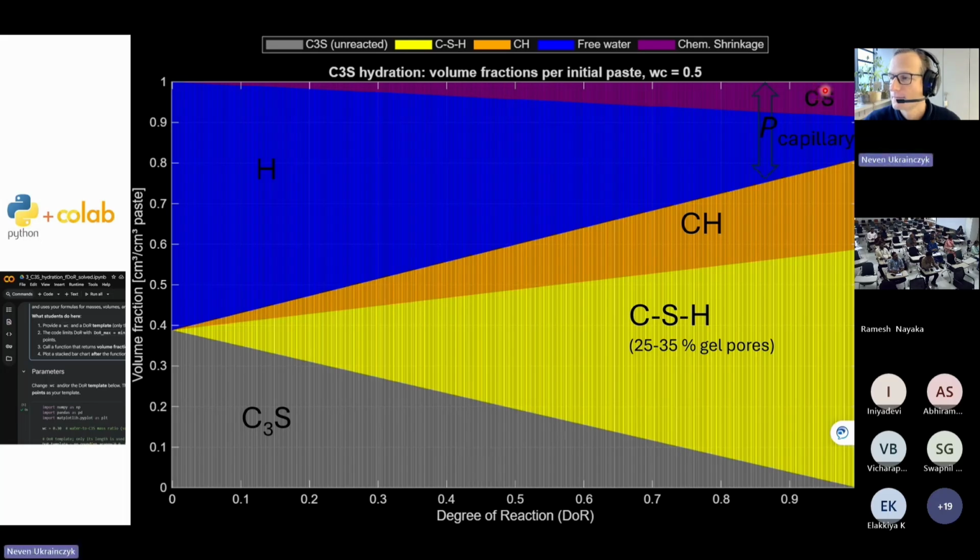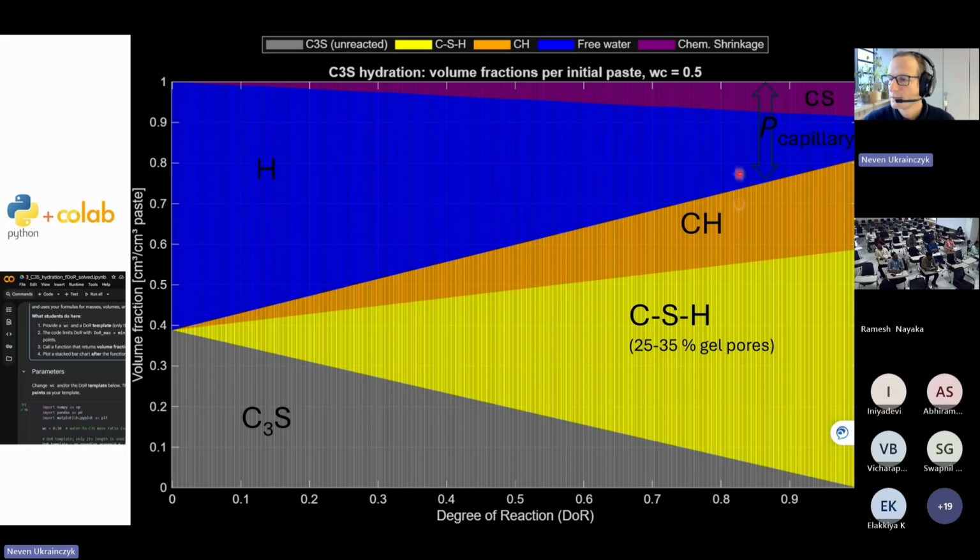And if you sum the remaining water, which is called the capillary porosity, and the chemical shrinkage, you would get the porosity. So the porosity is not only the water remaining, because, let's say, the cement reacts only 80% after 28 days.